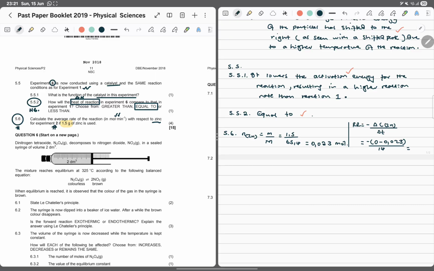Let's get our answer there. So we have here basically 0,023 divided by 14. So what we have here is 1,64 times 10 to the minus 3. Okay, let's just move things a bit.